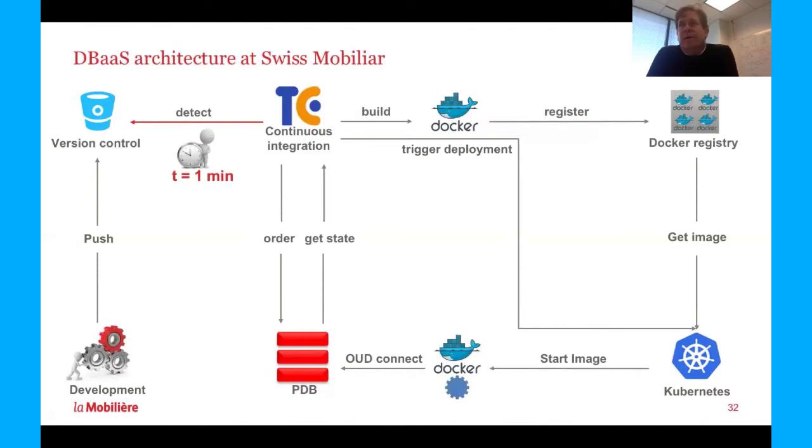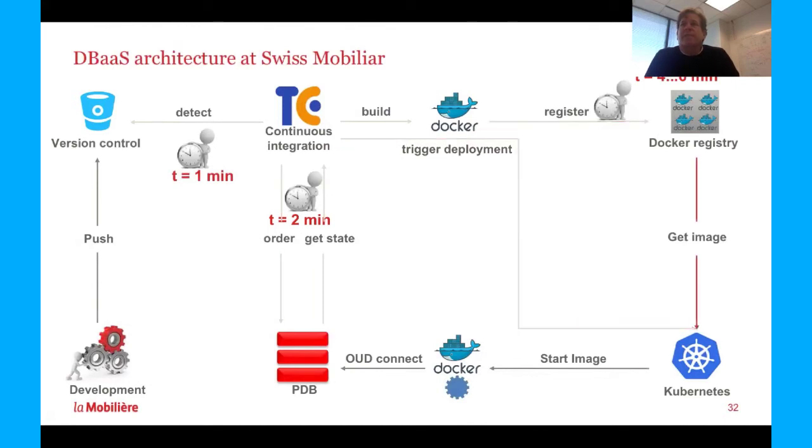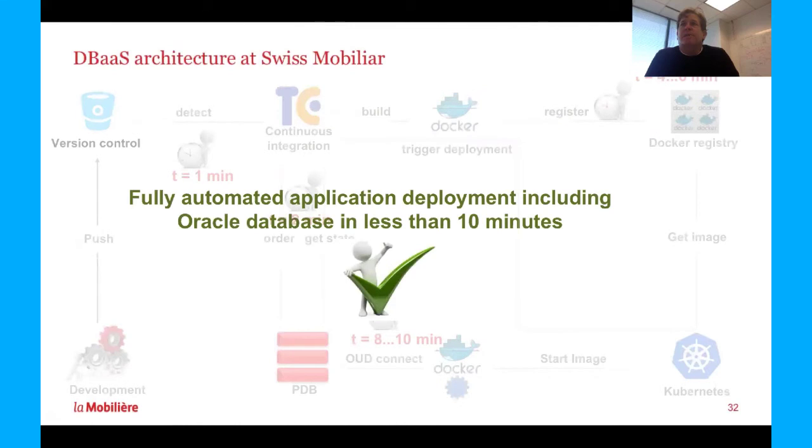They evaluated a number of different databases and ultimately decided on PDBs, which is nice because that order get state is a REST call invoked through TeamCity, which is then pushed into the whole Docker build for the application layer via Kubernetes. Let's walk through their timing. Ultimately it takes roughly 8 to 10 minutes for this whole cycle to build through.